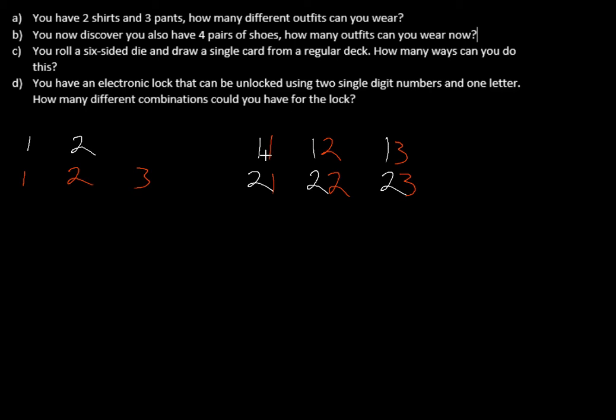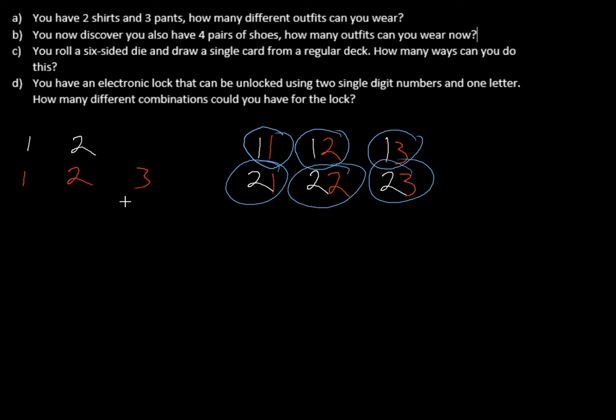So these are all the different possibilities. So when we count them all up, we'll find out we've got 1, 2, 3, 4, 5, 6 different ways. 6 different outfits that we can wear. Which, again, this is really ineffective.